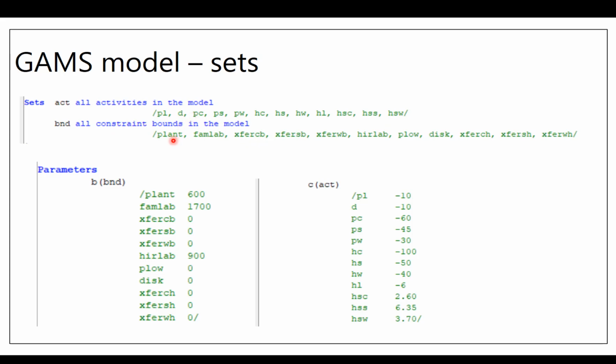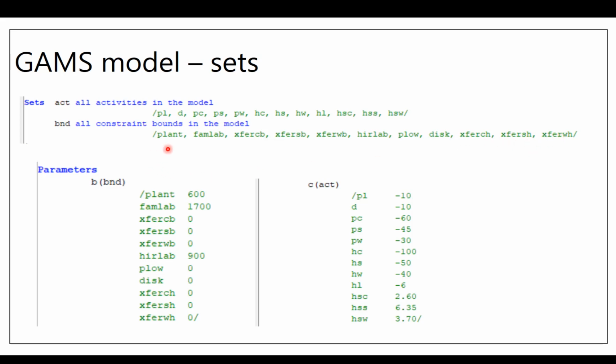Every constraint you're going to have needs to have a right-hand side value. So planting, family labor, transfer of corn bushels, transfer of soybean bushels, transfer of wheat bushels, hiring labor, plowing, disking, transfer of corn to harvest, transfer of soybean to harvest, transfer of wheat to harvest.